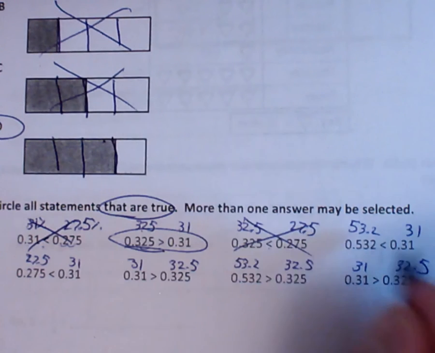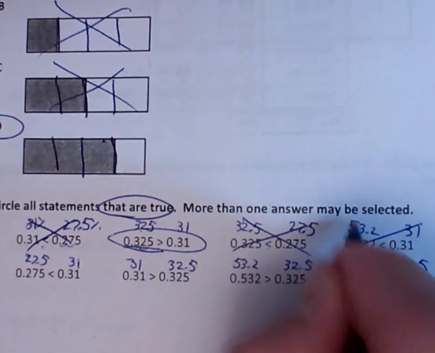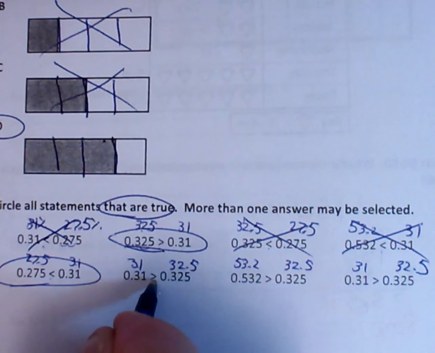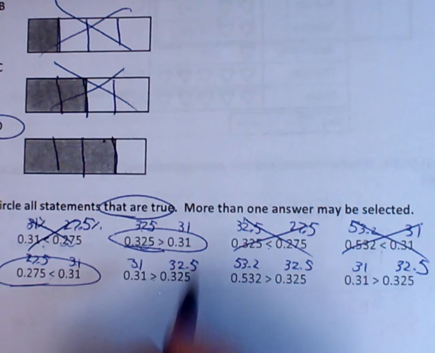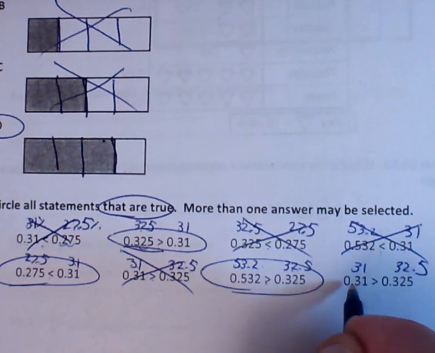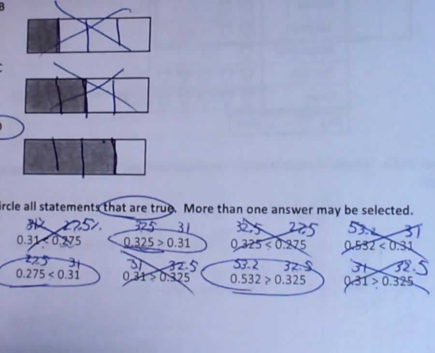Nope. Is 53.2 less than 31? No. Is 27.5 less than 31? Yes. Is 31 greater than 32.5? Nope. And is 53.2 greater than 32.5? Yes. And lastly, is 31 greater than 32? No, never. So it's those three.